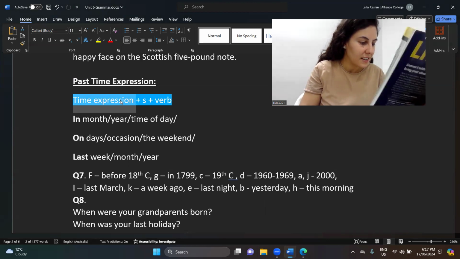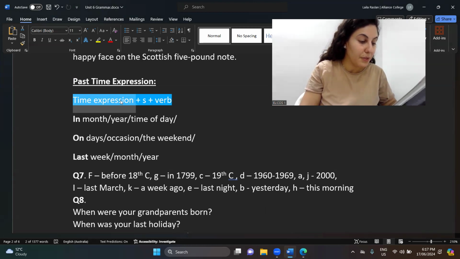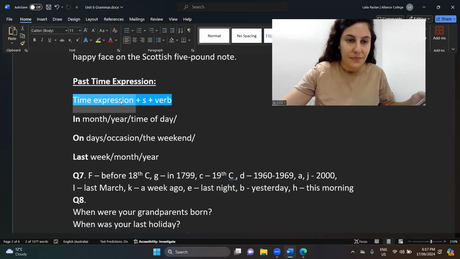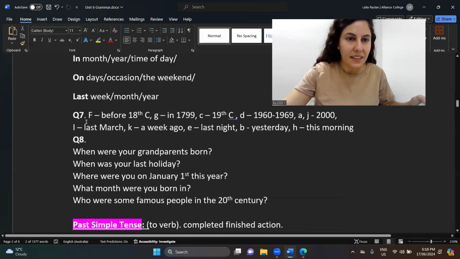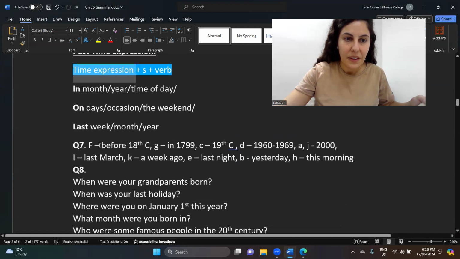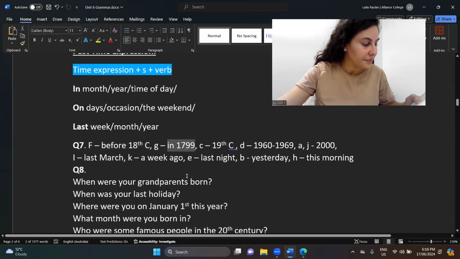Number 1 is F, before the 18th century. So which one comes first in time? We've got before the 18th century. Then we have in 1799.